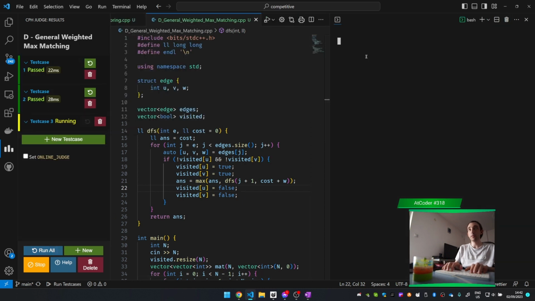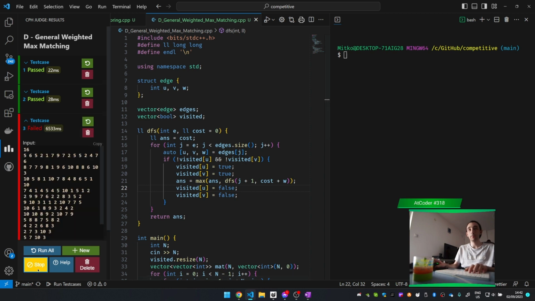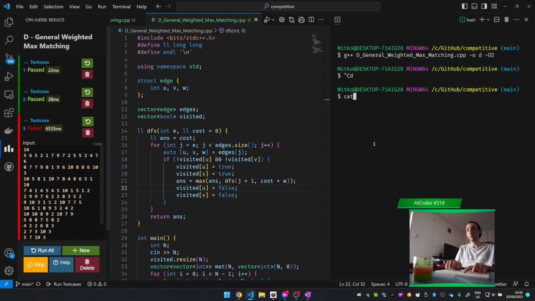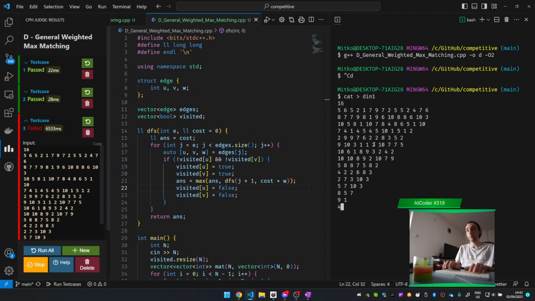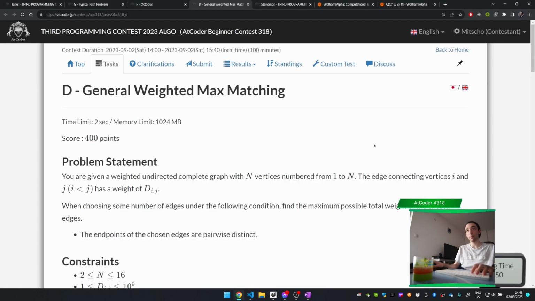How fast is it? 2 point something seconds.